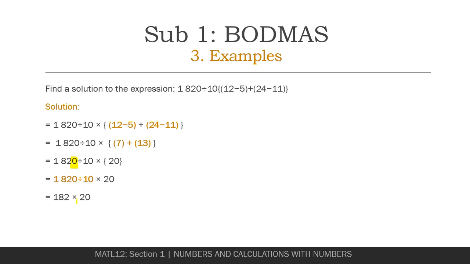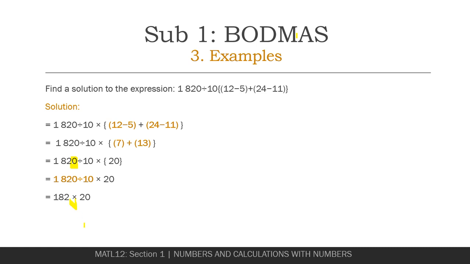Now you're going to do multiplication. So you go 182 multiplied by 20. When you multiply, you go in the opposite direction. If you were multiplying by 10, you would have said 1820, which means the comma was here, you move it here and add a 0.